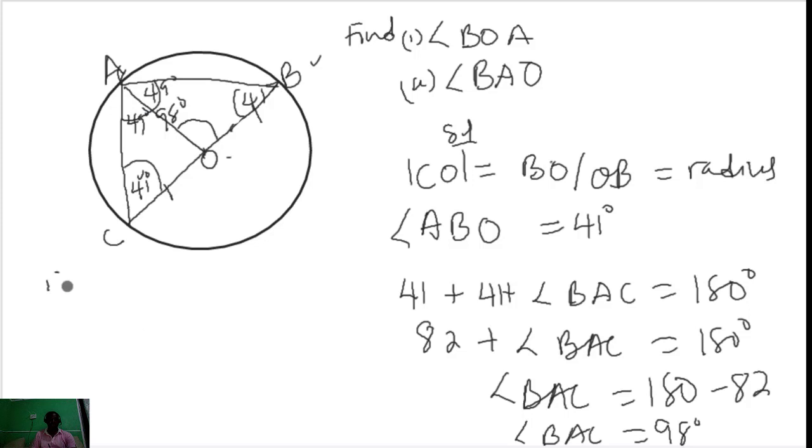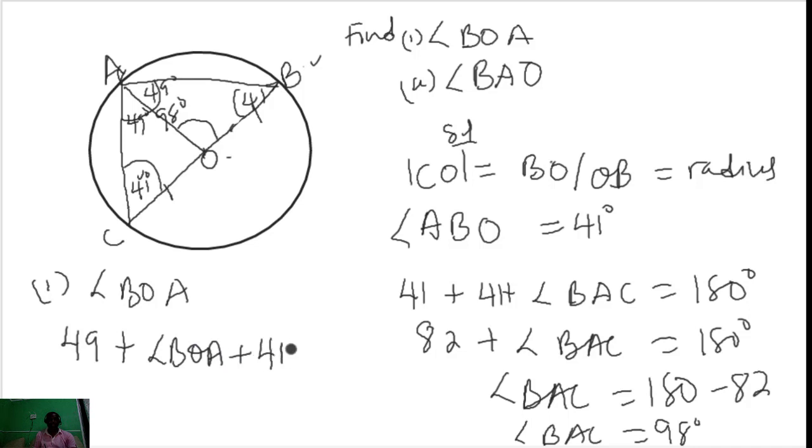So now we start with angle BOA. This is BOA, will be 49 plus angle BOA plus 41 will give us 180. So 49 plus 41 will give us 90 degrees.